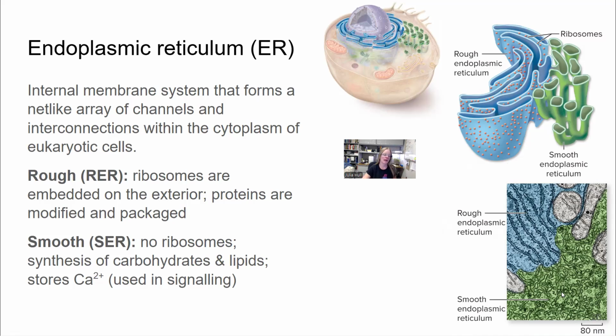We're going to look at that in a minute. And we're going to be modifying those carbohydrates. We're going to be producing lipids, modifying lipids, and we're storing calcium ions. And calcium ions are really important for signaling. Okay. So again, rough ER, proteins; smooth ER, carbs and lipids, and storing calcium ions.